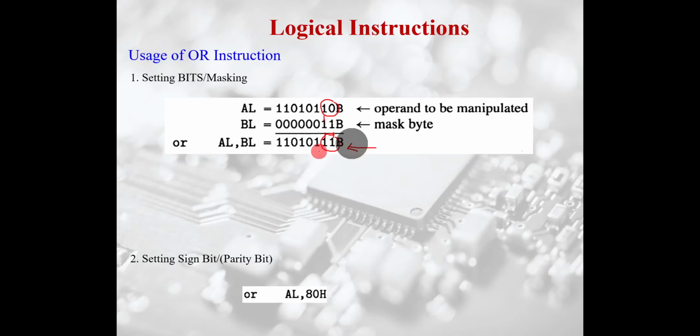I am able to force 1 at whichever bit I want, and that can be done by the OR operation. Here it is all zeros, so whatever data was available here comes through as it is. Through the 0s they pass, they become transparent and come here, whereas wherever there is 1, when you do an OR operation, those bits will be set to 1.